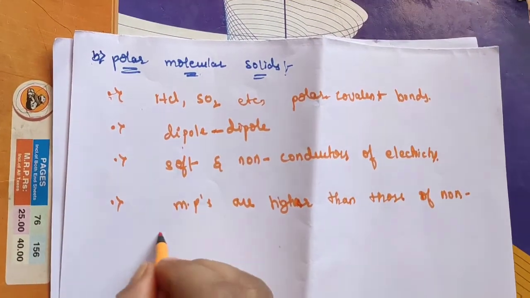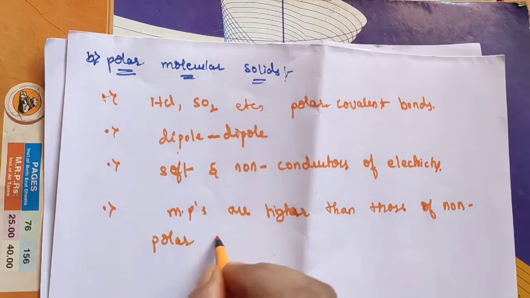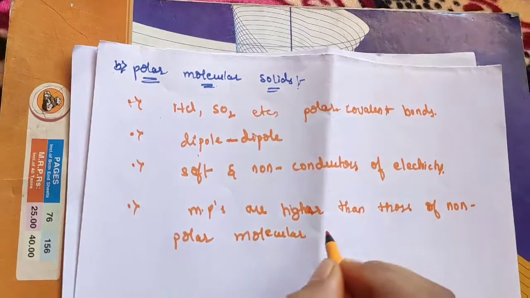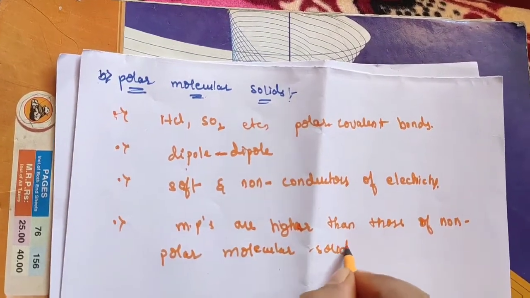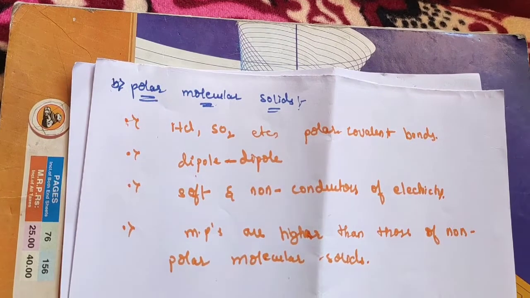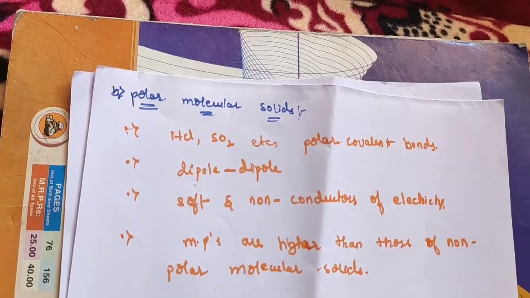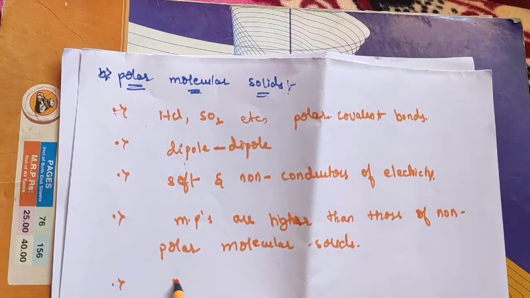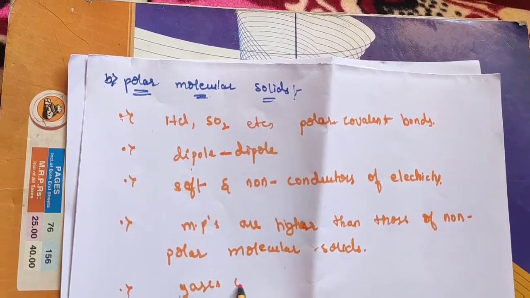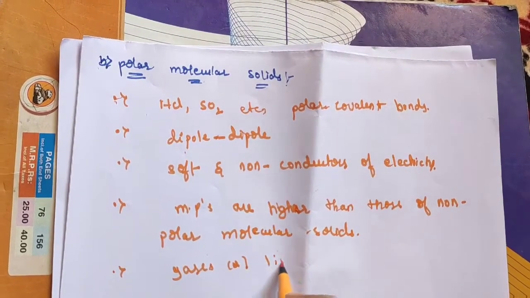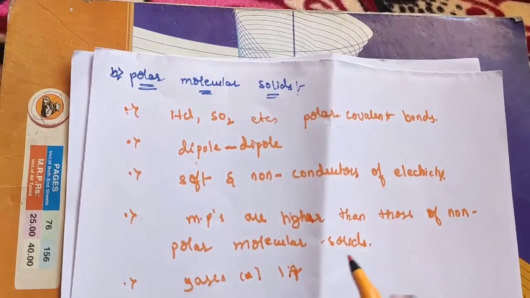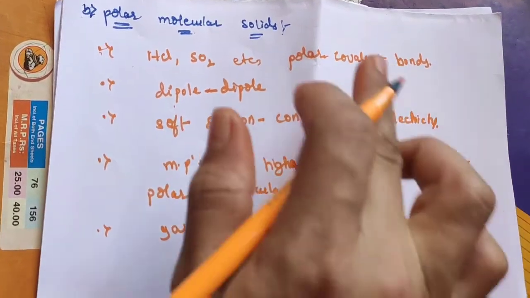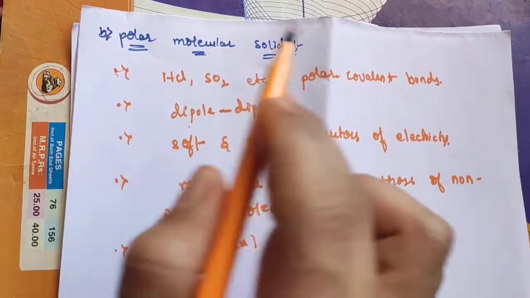They exist as gases or liquids at room temperature and pressure. These are the characteristics of polar molecular solids.